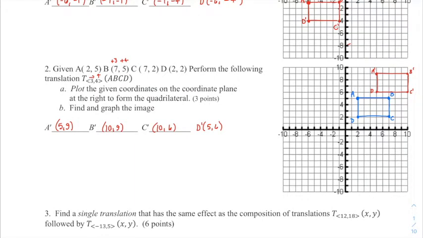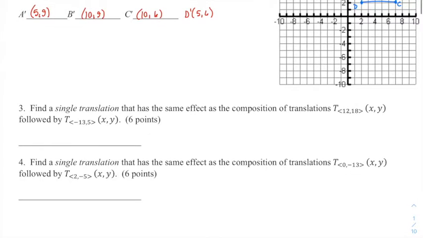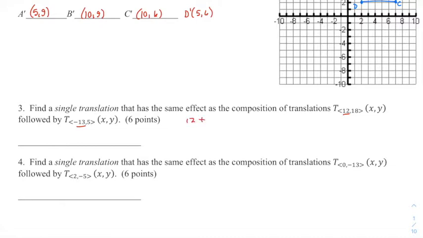Okay. Now, another thing dealing with translations is a composition of translations, where you have two of them, so the one is followed by the other. All you're going to do here is take these x components, these horizontal components, of right 12 and left 13, and add them. So 12 plus -13 comes out to -1.